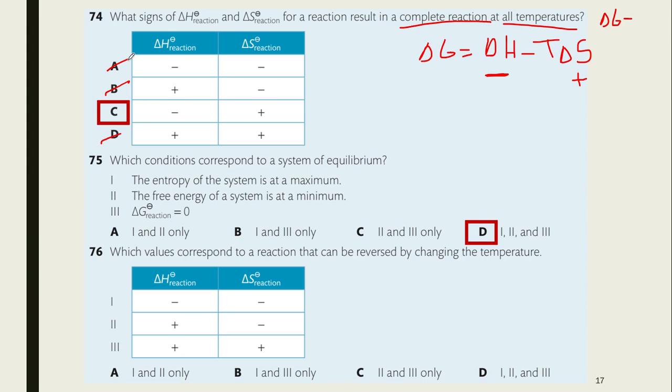Number 76, which values correspond to a reaction that can be reversed by changing the temperature? Reversed meaning the equilibrium going forward versus backwards, making more products versus making more reactants.